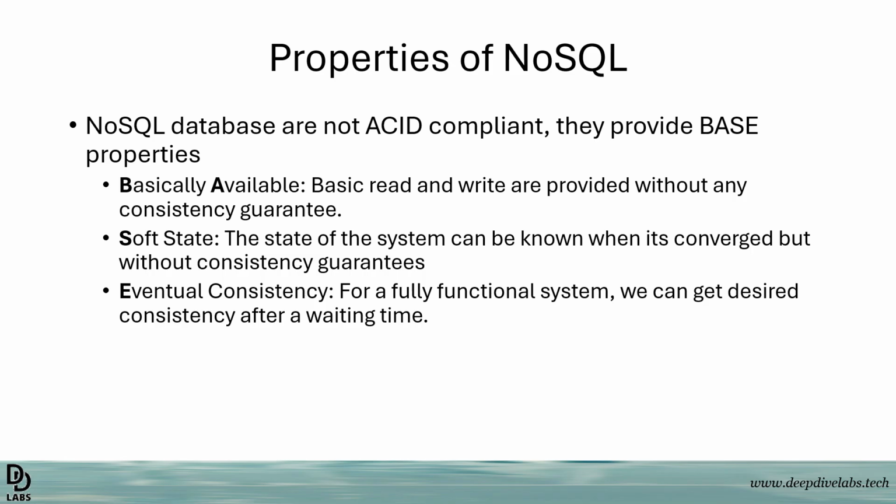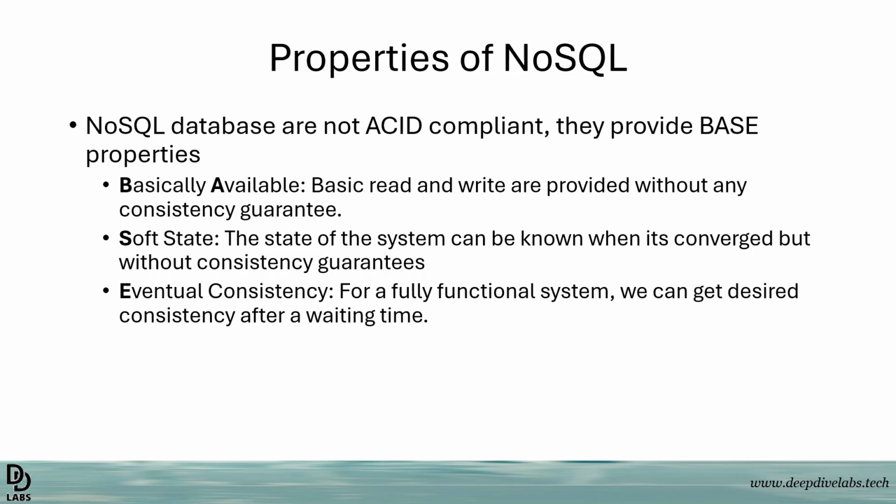So what does basically available mean? Basic read and write are provided without any consistency guarantee, especially when a large volume of data is coming in. NoSQL databases do not assure consistency. The second is soft state, which means the state of the system can be known when it has converged, but without any consistency guarantee.